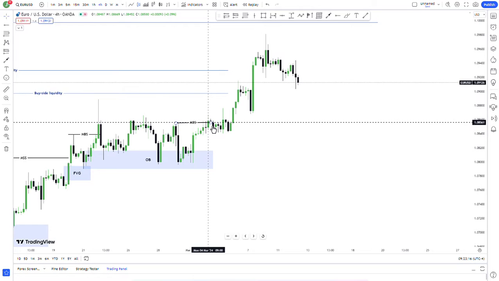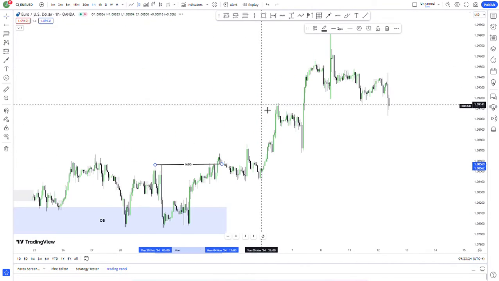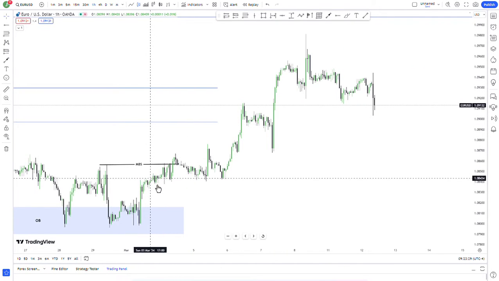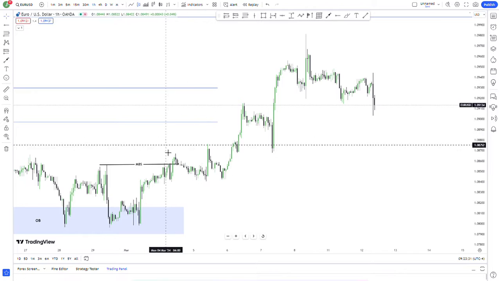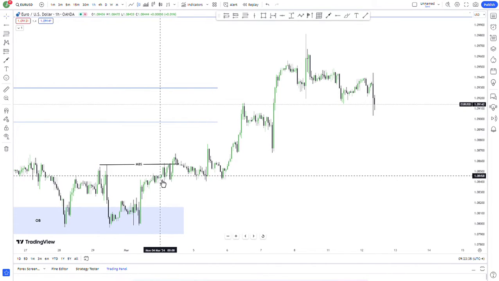After breaking this high, we then anticipated that the market will simply buy to this level and to this level. Going to the 1-hour time frame, some might say that this is a bit confusing. How can we determine that the market would buy from where it bought?